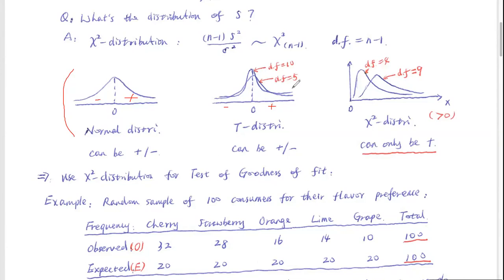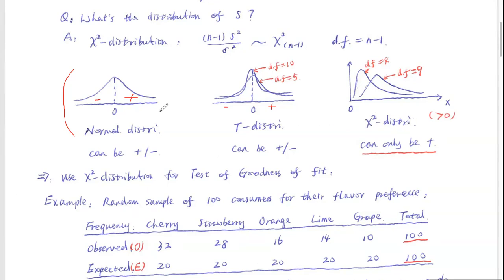In other words, if you have different degrees of freedom, then you have different curves. The higher the degrees of freedom, the closer the curve is to the standard normal. So that's the T distribution, the one we have learned. Tonight, we are going to learn the chi-square distribution.